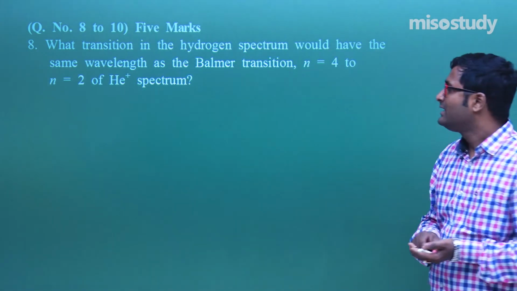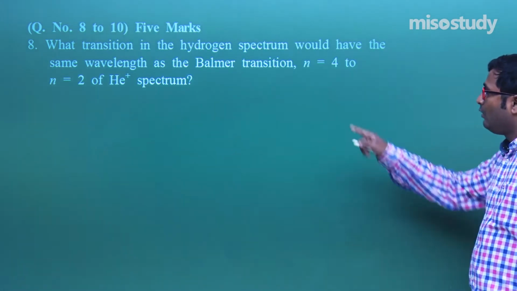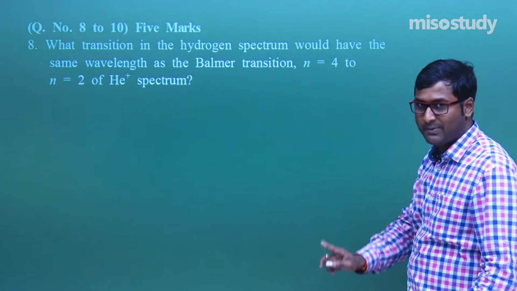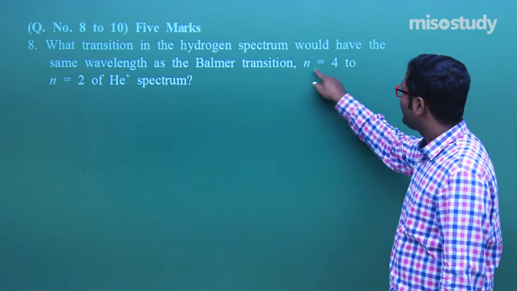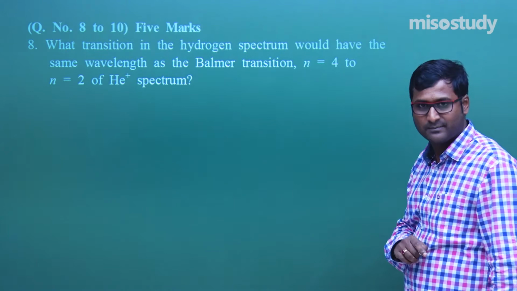What is given here? What transition in the hydrogen spectrum would have the same wavelength as the Balmer transition, that is, n is equal to 4 to n is equal to 2 for helium plus spectrum?